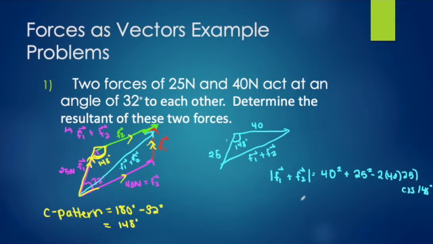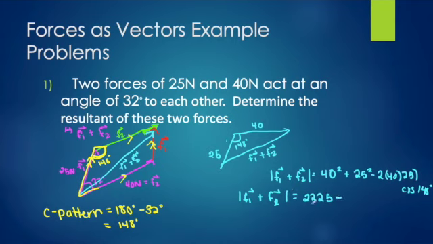Apologize, that's supposed to be one line, okay? So then the absolute value of F1 plus F2 squared is going to equal 40 squared plus 25 squared, so 2225.